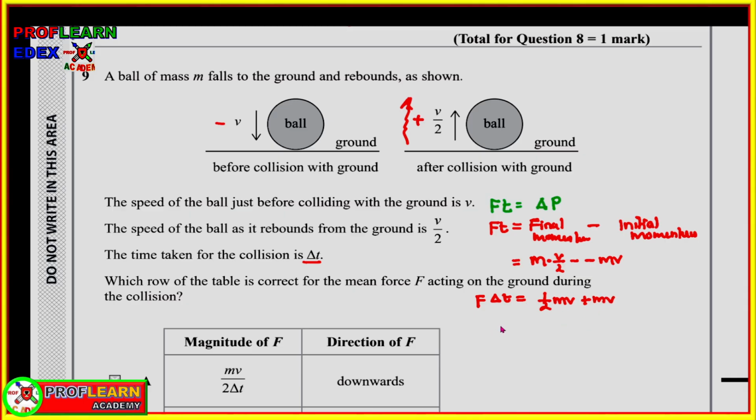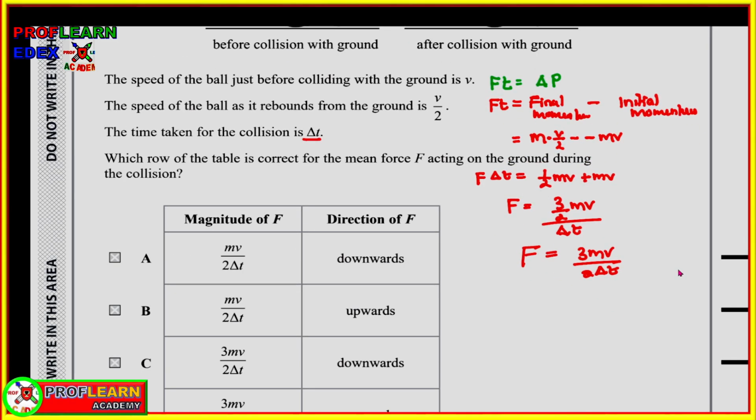If we simplify this, we are going to have our force being equivalent to 3/2 mv over change in t. And finally, we can conclude that our answer is going to be 3mv over 2 change in t. So that's how we could have worked that out.